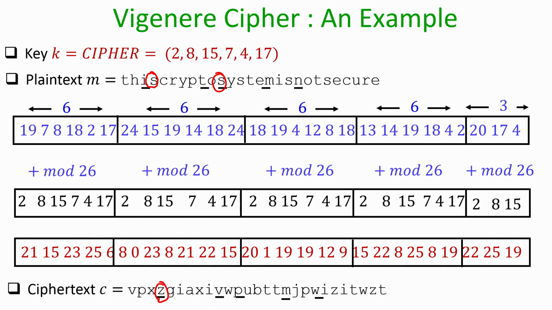The amount of shift by which S is getting shifted will not be the same across all the instances of the letter S, because that depends upon the position of the letter S as well as the value of the character of the key which is going to be used for shifting the instance of S. As a result, we are disturbing the pattern which is available between the plain text and the ciphertext character. That means, we can no longer say that the most frequently occurring ciphertext character corresponds to the most frequently occurring plain text character and so on.